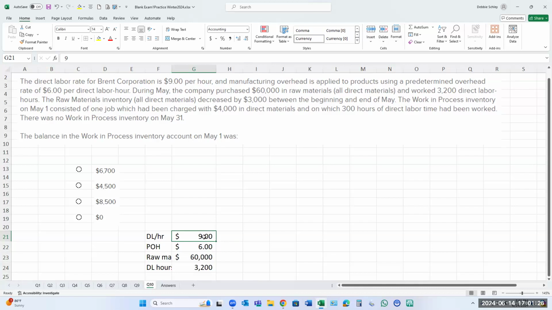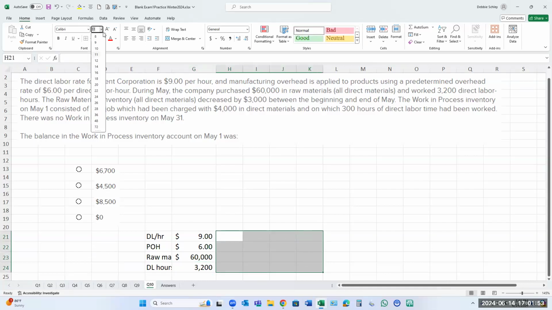Manufacturing overhead applied to products using a predetermined overhead rate of $6 per direct labor hour. During May, the company purchased $60,000 in raw materials. They are all direct, and they worked 3,200 direct labor hours. The raw materials inventory, all direct materials, was decreased by $3,000.